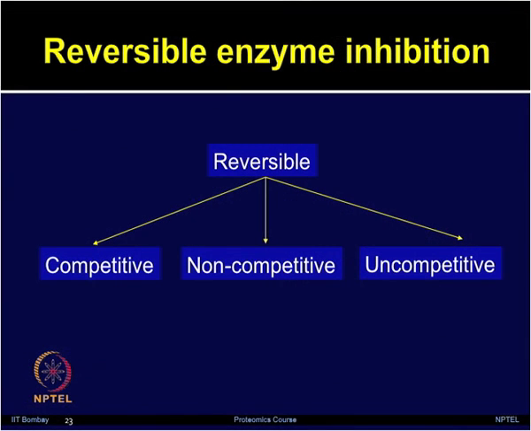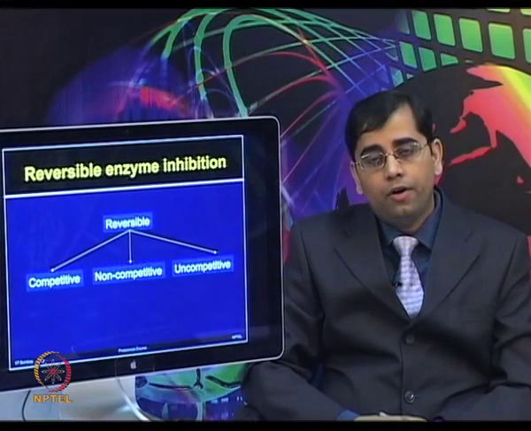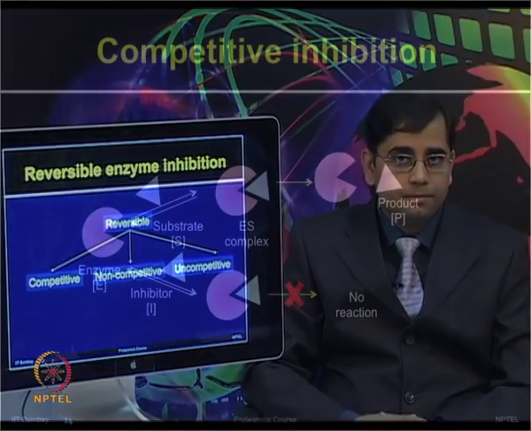The reversible inhibitors dissociate rapidly, and the enzyme inhibitor EI complex is dissociated. There are three different types of reversible enzyme inhibition: competitive, non-competitive, uncompetitive or mixed inhibitions.